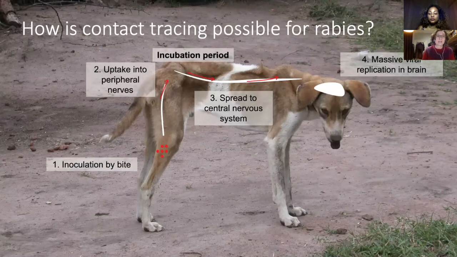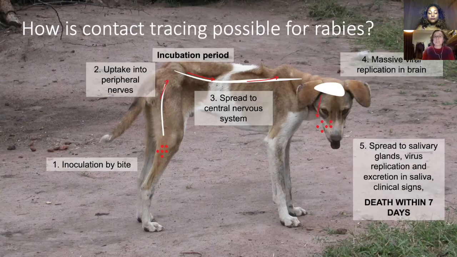That can take anything between a week up to a year, but typically around a month. Once the virus starts replicating in the brain, the dog will start to behave strangely, and the virus will be shed in the saliva, and that's when it's infectious and it will go on and bite and infect others. The infectious period is typically very short, just a couple of days or so, up to a maximum of 10 days.